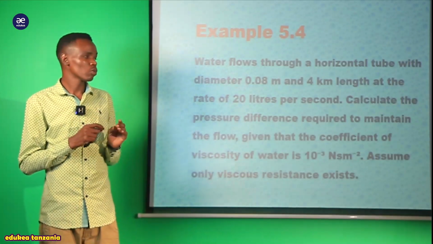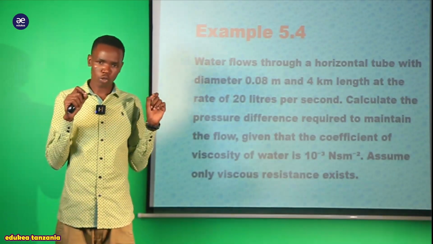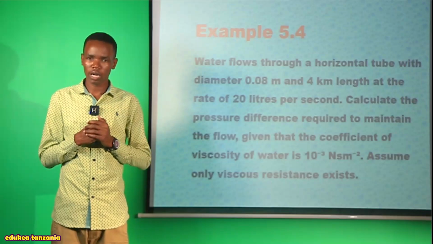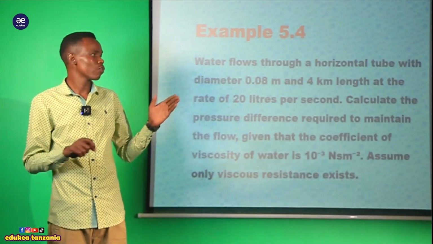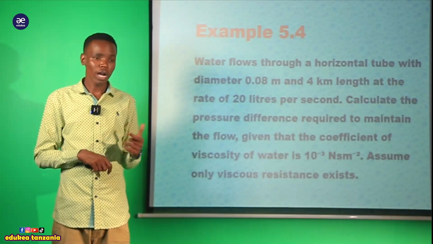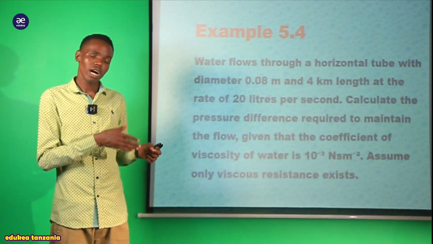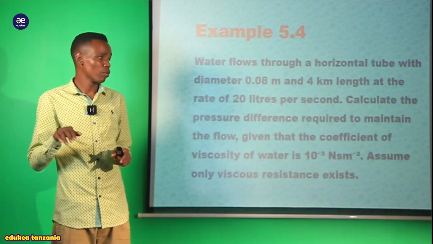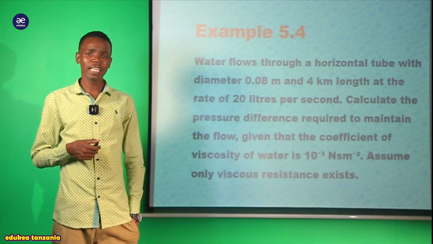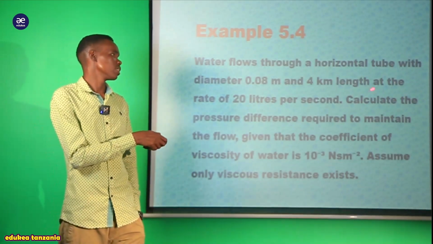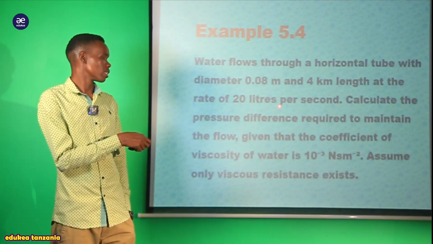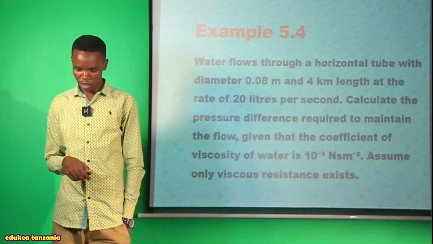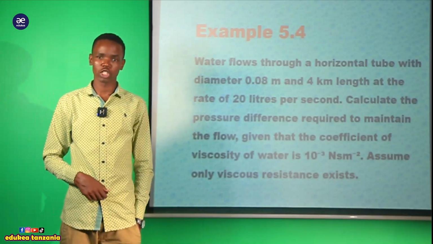That water flows through the horizontal tube, where the tube has a diameter of 0.08 meter. It flows over a length of 4 kilometers. So the water flowed horizontally over 4 kilometers, which is a long distance, but it produced a volume flow rate equal to 20 liters per second.